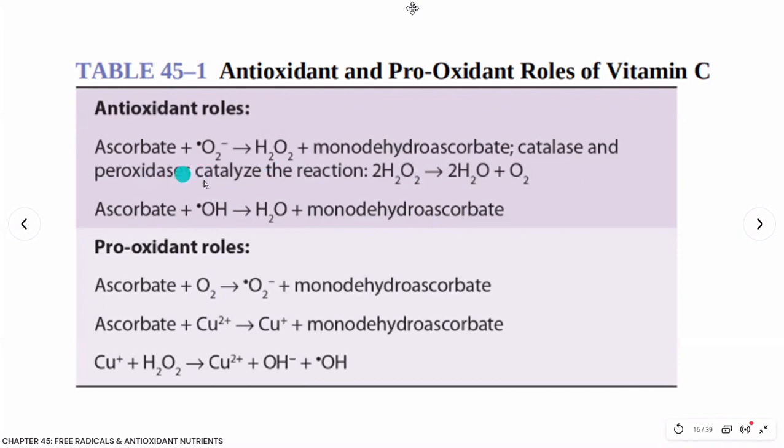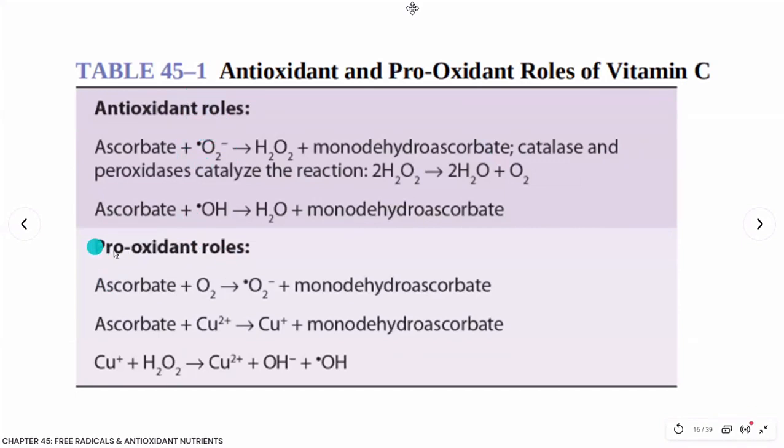Catalase and peroxidase catalyze hydrogen peroxide to water and oxygen. Ascorbic acid with a hydroxyl radical forms water and monodehydroascorbate. That's the antioxidant role.